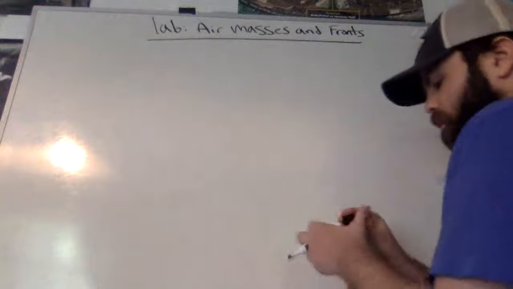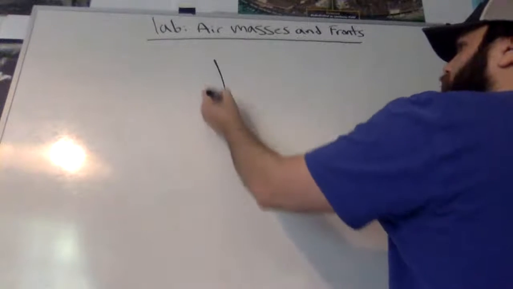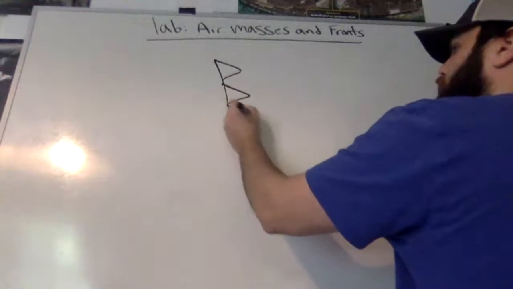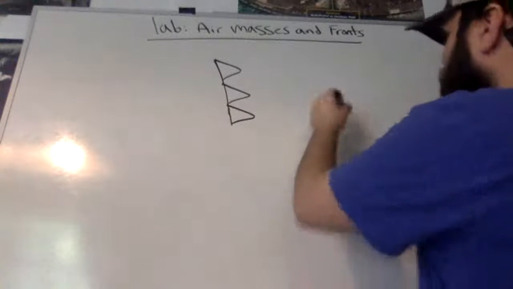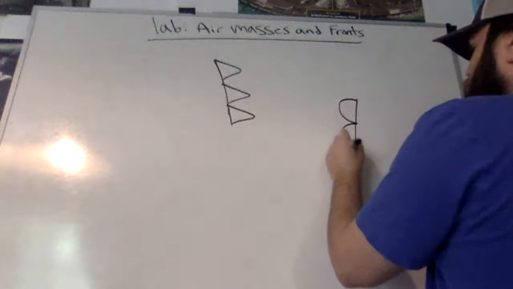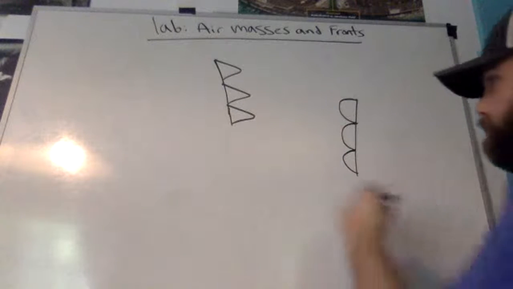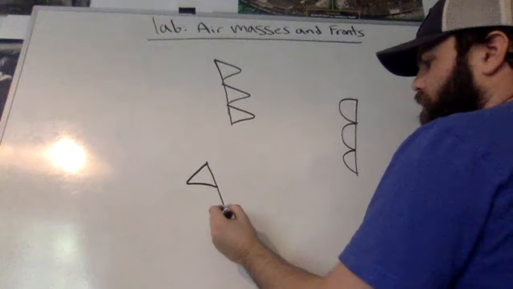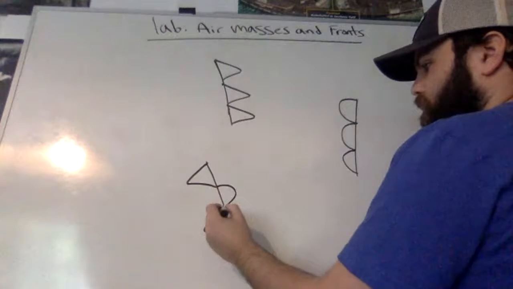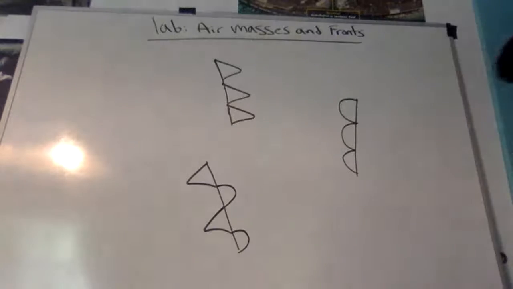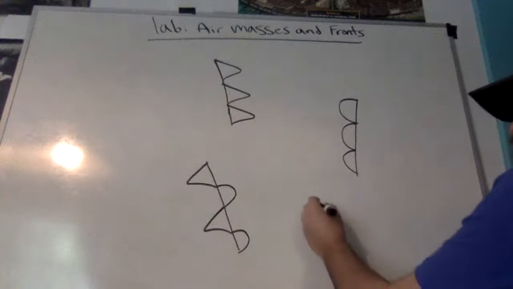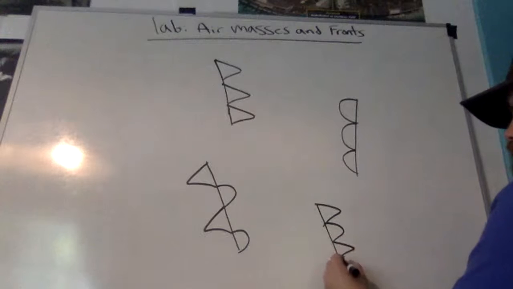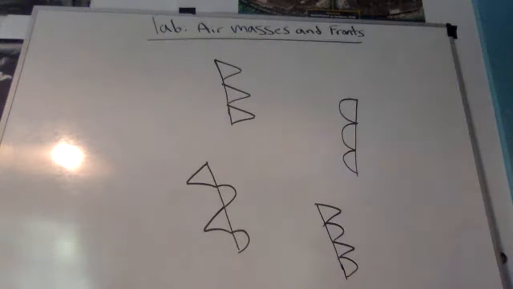You have your cold front, your warm front, your stationary front, and then your occluded front. Okay, so I'm just going to draw these pictures right here. Here are our 4 different types of fronts that you find on a weather map.